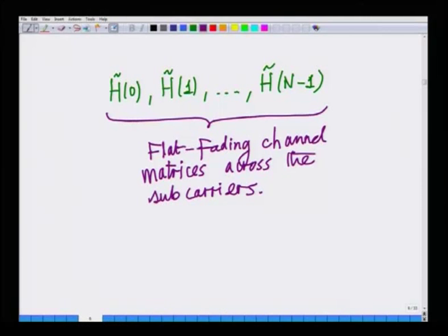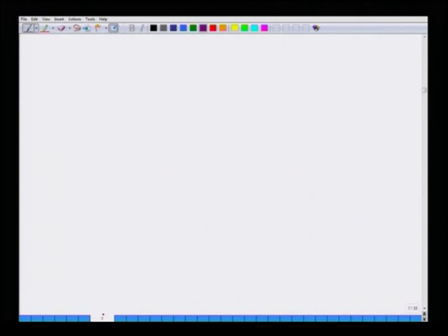So, to make it more specific, let us look at the u comma vth element of all these matrices, that is the u comma vth element of matrix H tilde 0, H tilde 1, and so on.